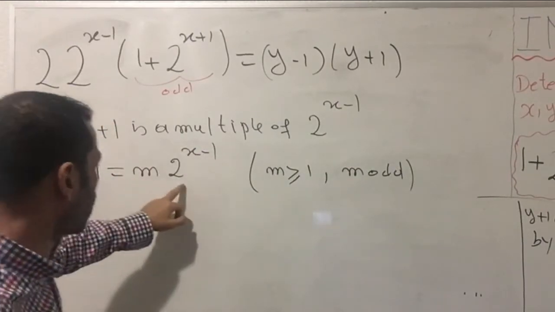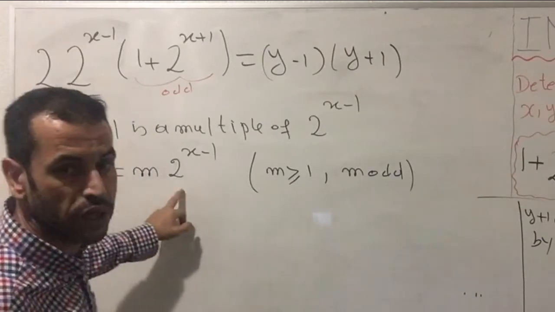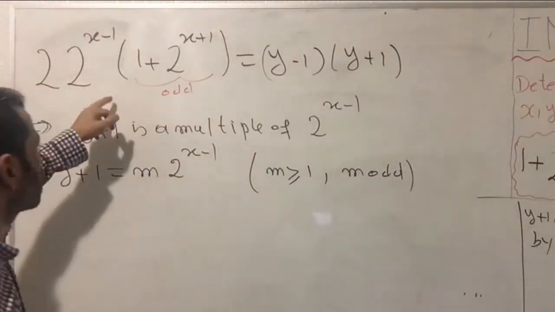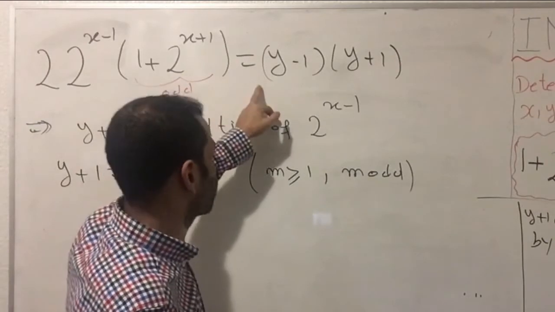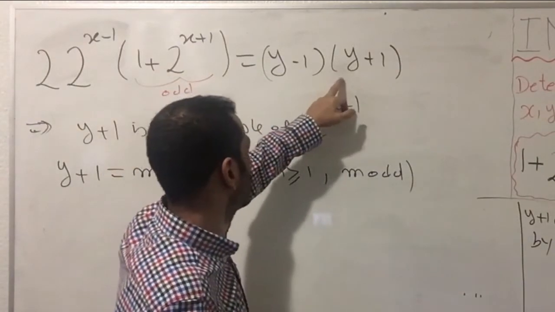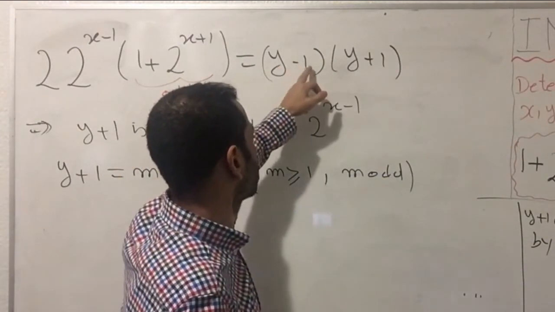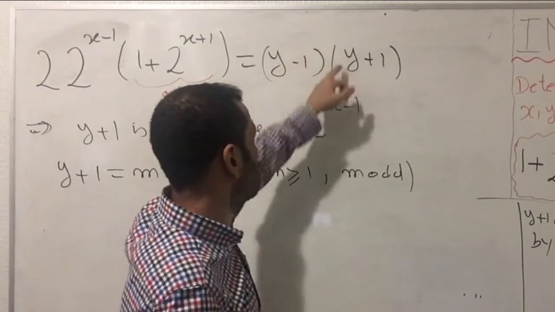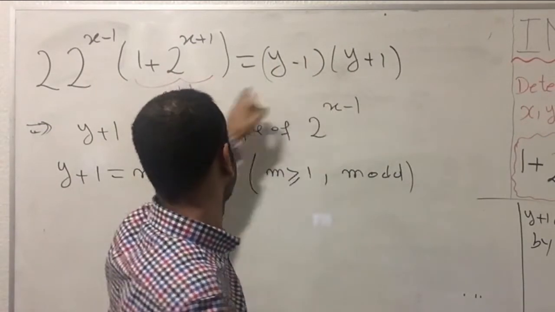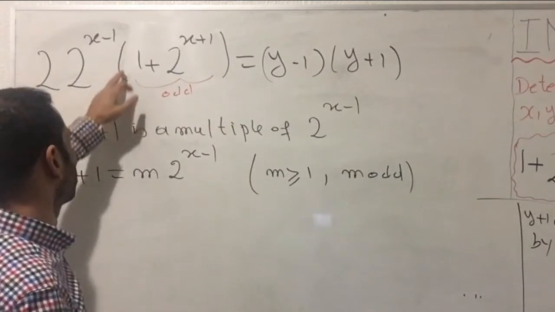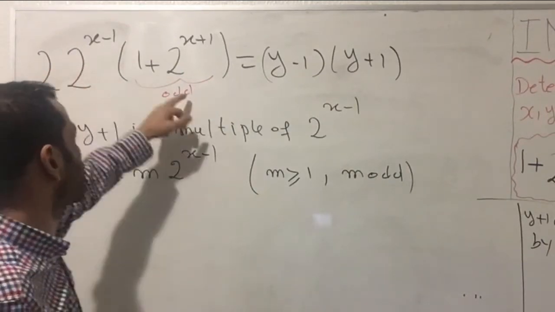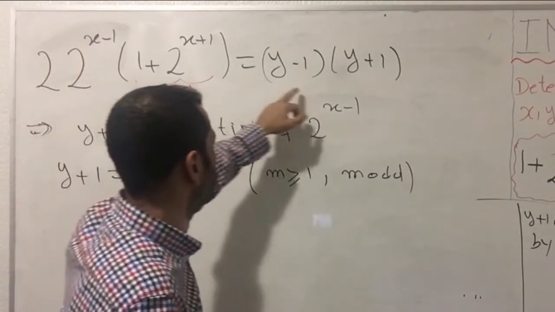And if m is odd, y plus 1 is still even, because it has a power of two in the previous expression. Even multiplied by odd gives you even.